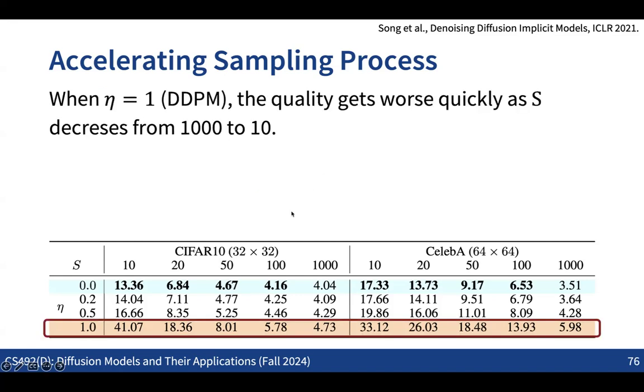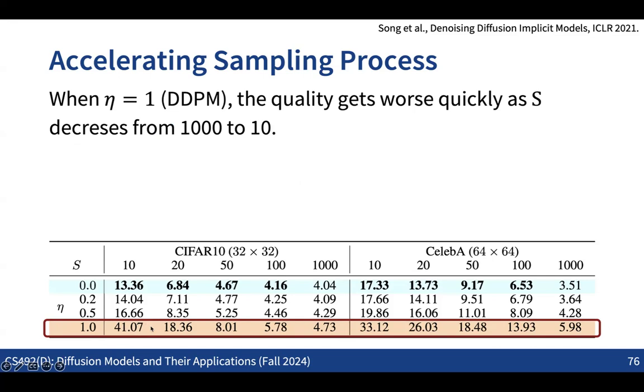And what we are seeing is that when this eta is 1, this is the same case as the DDPM, right? So in the DDPM case, as we decrease the number of the time steps from 1000 to 10, we can see that FID increases a lot, which means that the quality of the output becomes really bad, right?